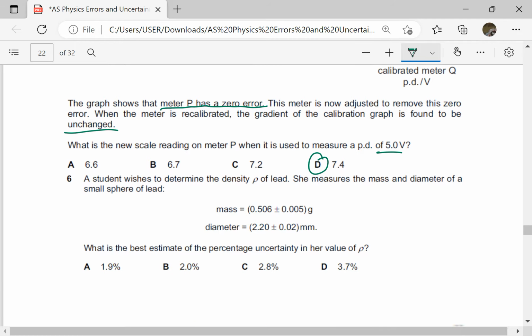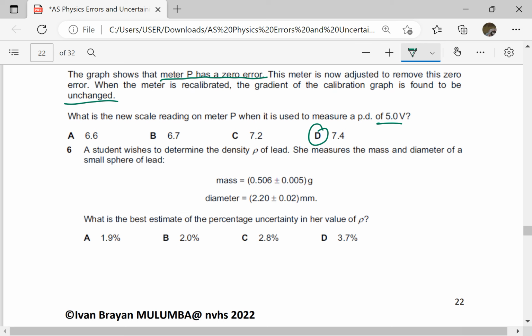A student wishes to determine the density ρ of lead. She measures the mass and diameter of a small sphere of lead. What is the best estimate of the percentage uncertainty in her value of ρ? So I think we answered a similar question. It's determining the density.